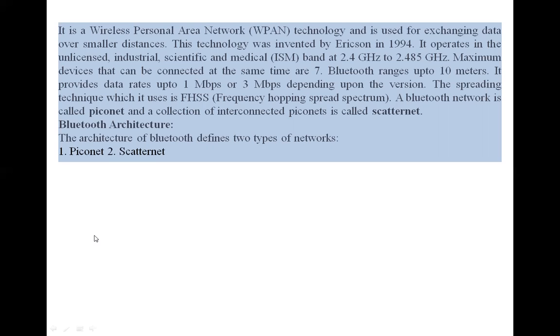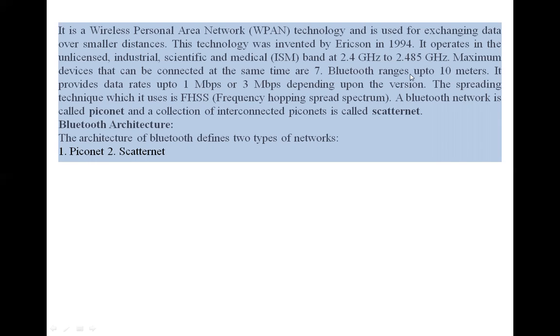It operates in the unlicensed industrial, scientific, and medical ISM band at 2.4 GHz to 2.485 GHz. The maximum number of devices that can be connected at the same time is 7. More than 7 is not possible, so that is a feature of this protocol.